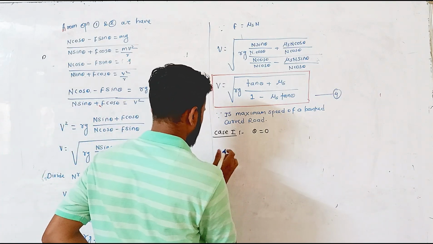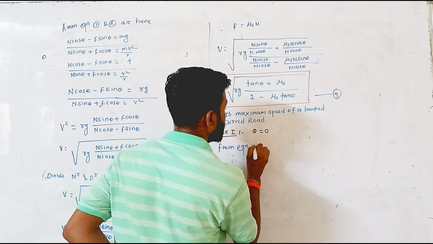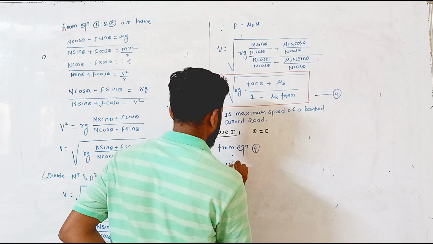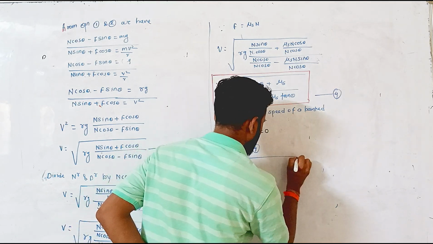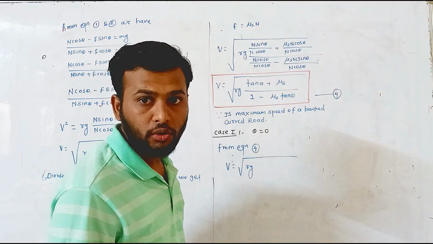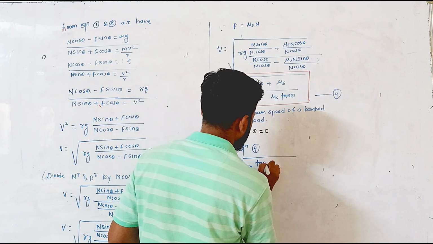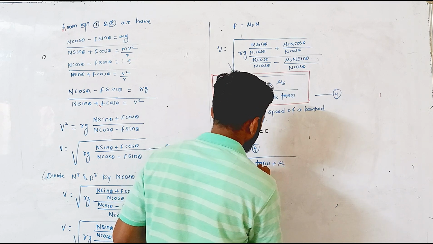Okay, so from equation 4, v equal to under root rg. What is the value of tan 0? Tan 0 is 0.